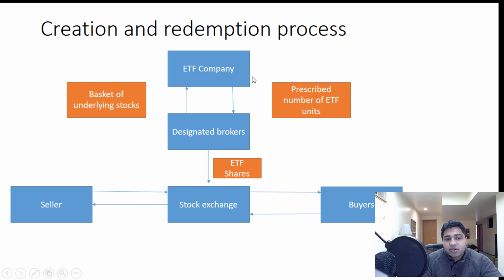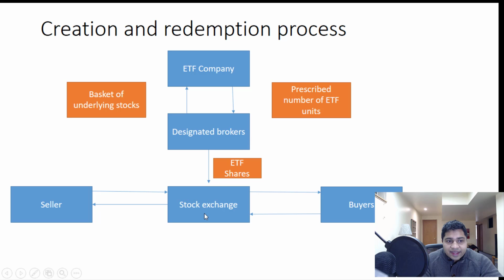If the unit price of the ETF goes way beyond what those shares have, so cumulatively they have a value of 500,000, but the value of ETF units becomes 600,000, what will happen? The designated broker can make money out of it.